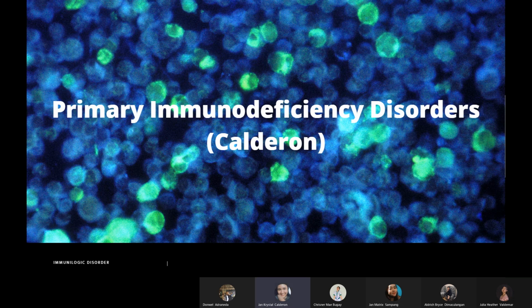75% of primary immunodeficiency disorders are predominantly seen in children younger than 5 years. So if you may ask how these primary immunodeficiency disorders are being treated, it is by the use of gene therapy with hematopoietic stem cells, which is a therapeutic strategy for the treatment of several forms.